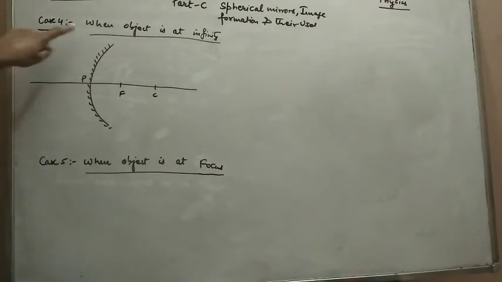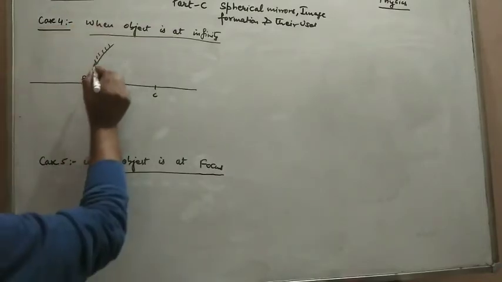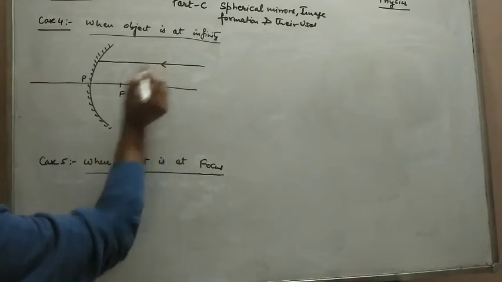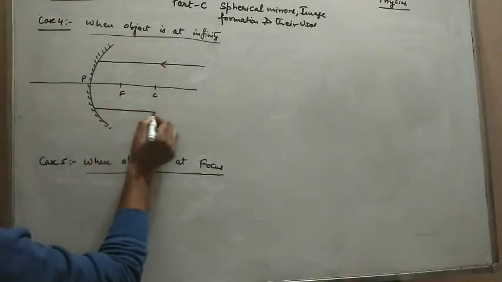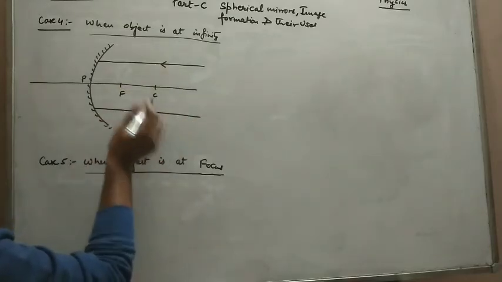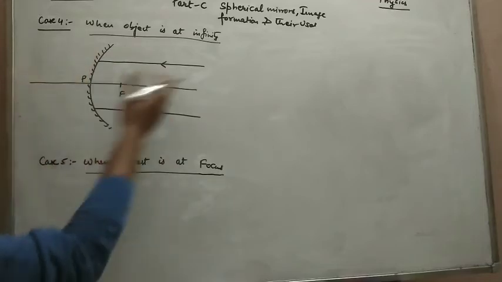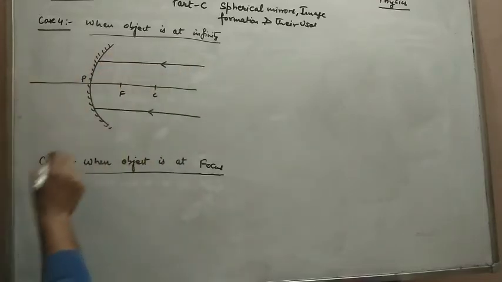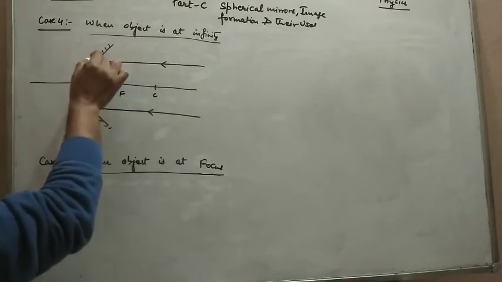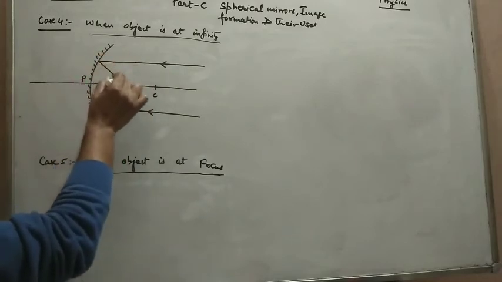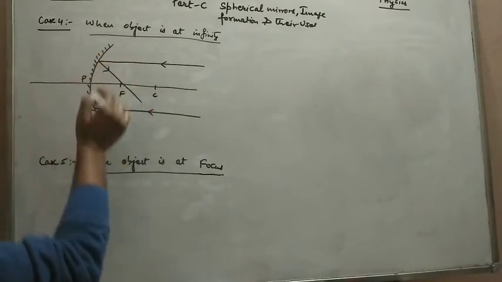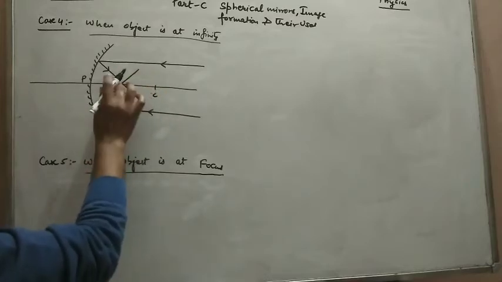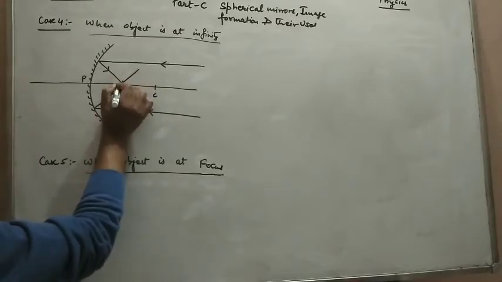Now case number 4, when object is at infinity. Infinity means the rays are coming from very far. So those rays will fall on this concave mirror in parallel way. They are parallel to each other as well as parallel to principal axis. So after reflection it will pass through focus. This ray will also pass through focus, in this way.